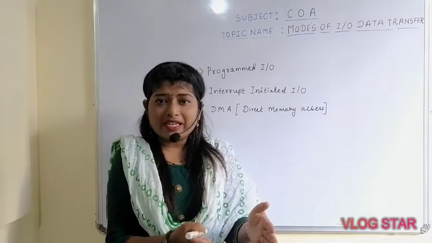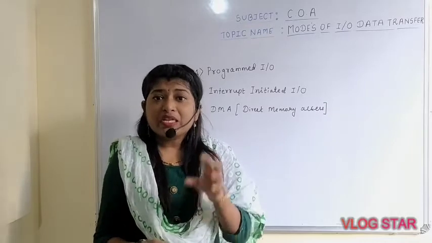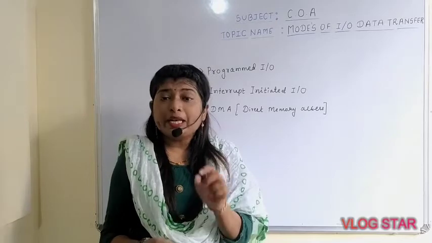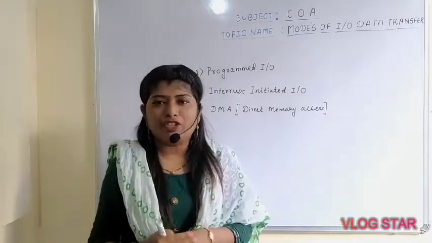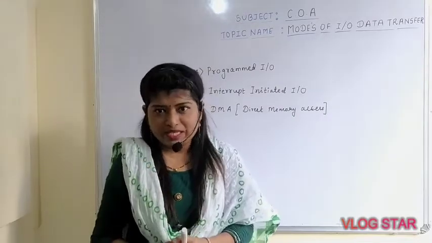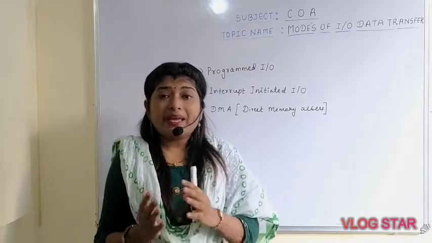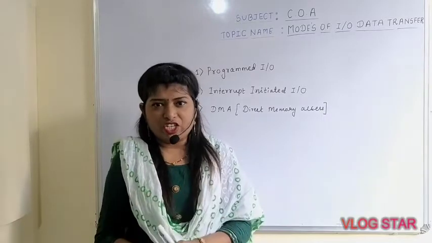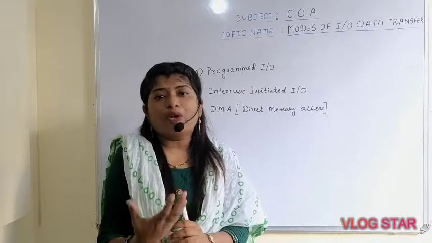Just now we studied the programmed IO method. In that method, the CPU stays in a program loop until the input output unit indicates that the data is ready for transfer. That process is time consuming. Why? Because in that process the CPU performs the operation. The processor keeps busy in the programmed IO method.